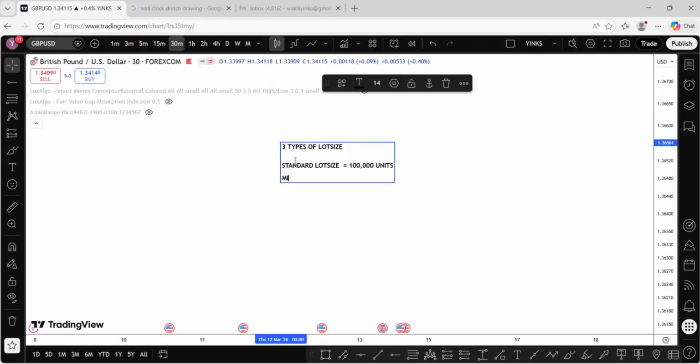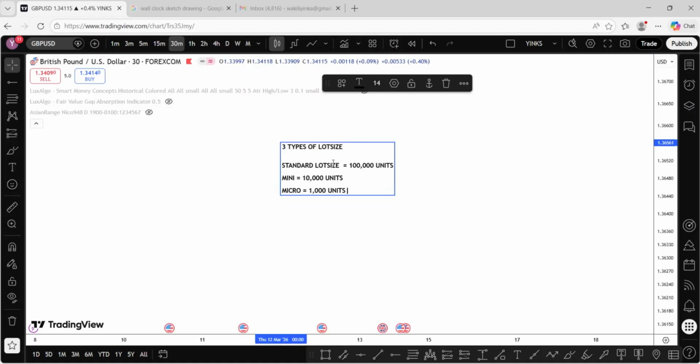Now, the mini lot size equals 10,000 units. The micro lot size equals 1,000 units. These are the 3 types of lot sizes we have: the standard, the mini, and the micro lot size.